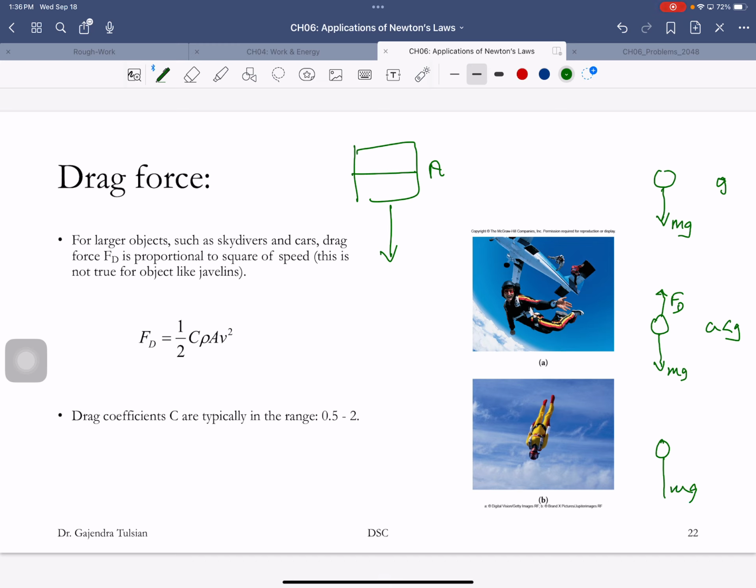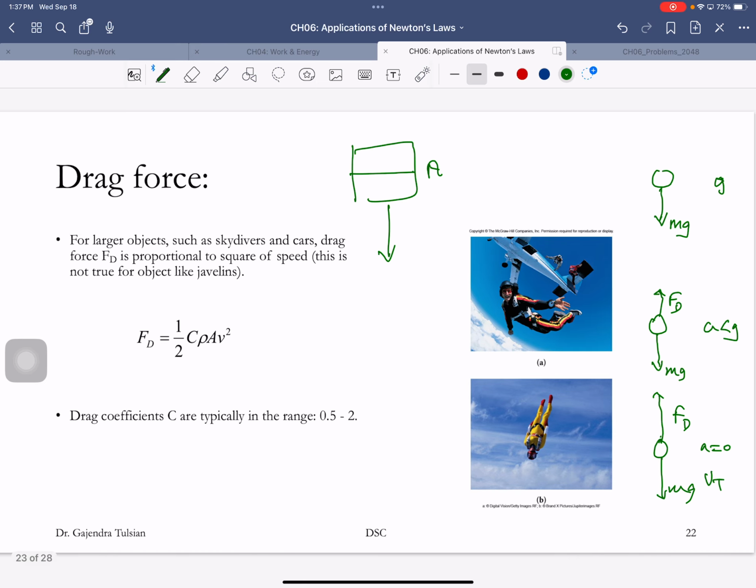Eventually, the drag force gets to be equal to the force of gravity. Now the net force on you is 0, so your acceleration has gone to 0 and you have reached terminal velocity. All objects will reach terminal velocity when falling down in air.